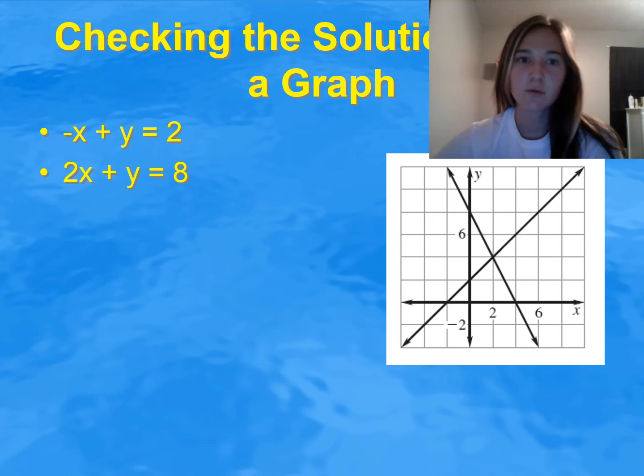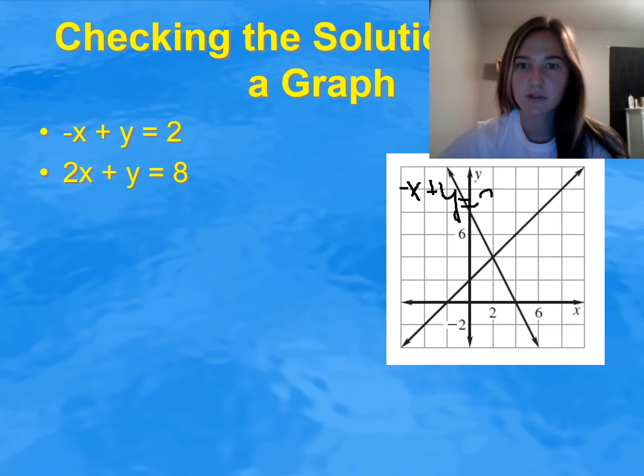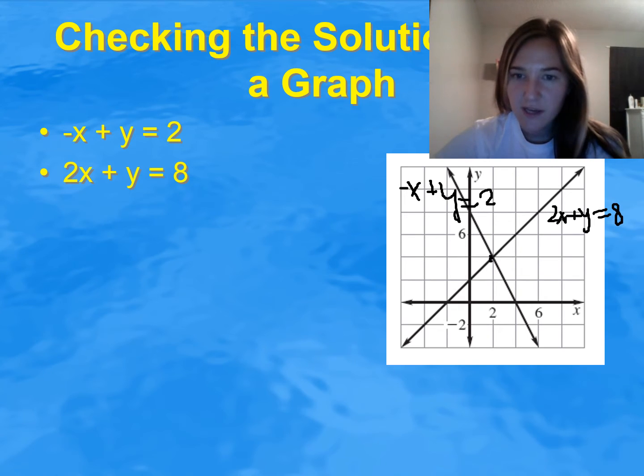Now we're going to check the solution using a graph. So here are these two lines. It looks like this one is -x plus y equals 2, and this one is 2x plus y equals 8. And here is where they intersect.